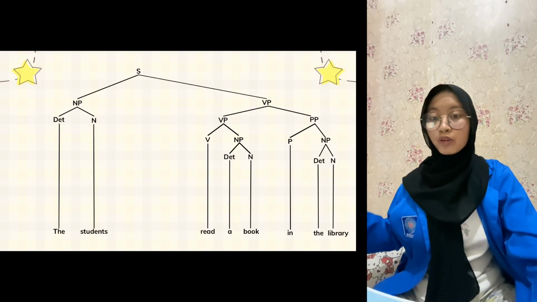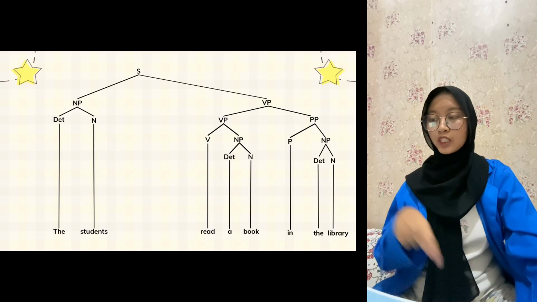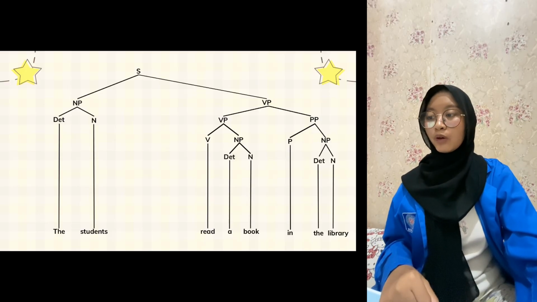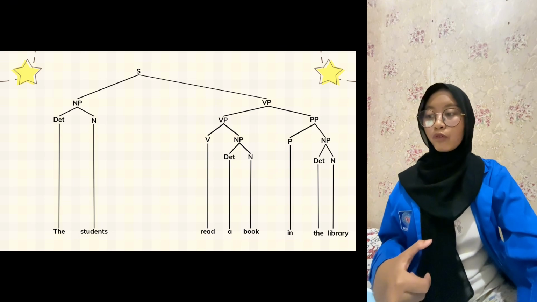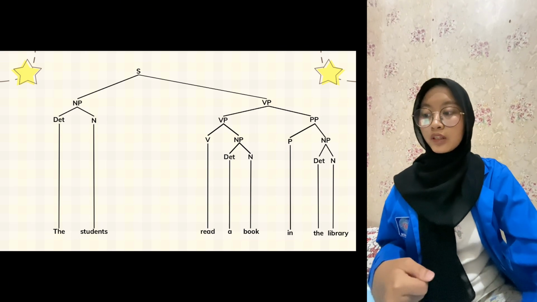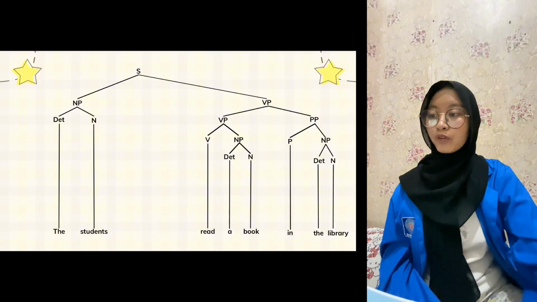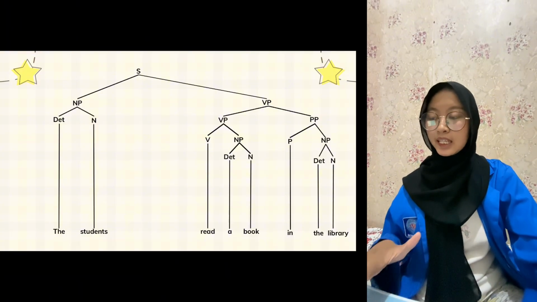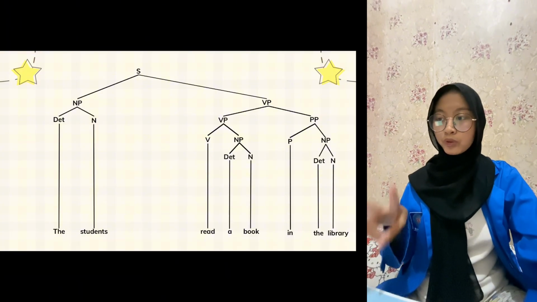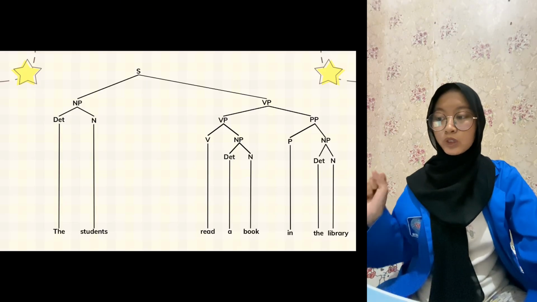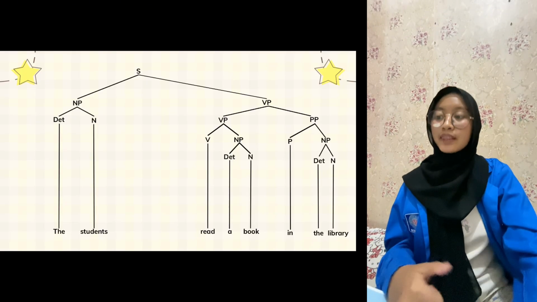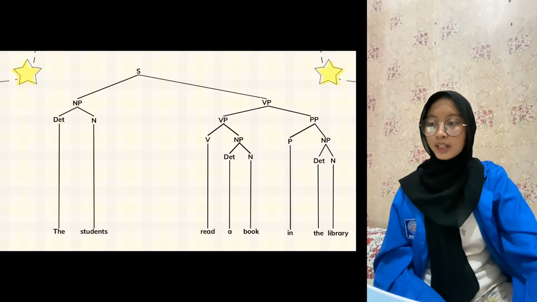Inside the VP or verb phrase, we divided it into two again, which is verb and noun phrase. The verb is the word read, and inside the NP there are two: determiner as the word a, and then noun as the word book.